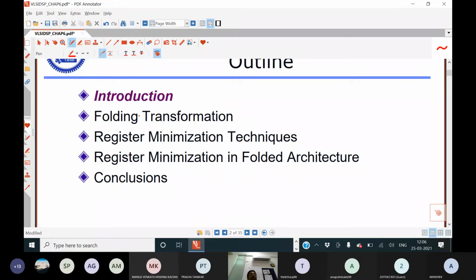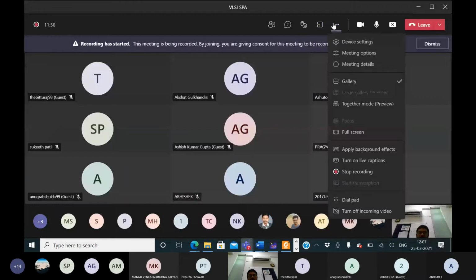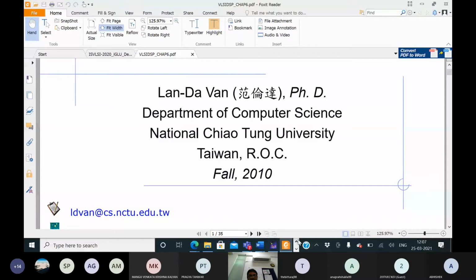All these techniques are useful when you want to optimize in terms of speed. Today we will start with the technique called folding, which helps us do optimization in terms of area. This is the first technique that we will use for area optimization.